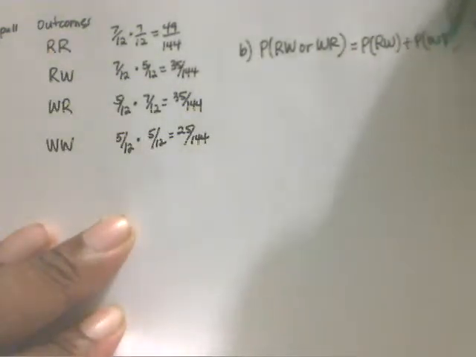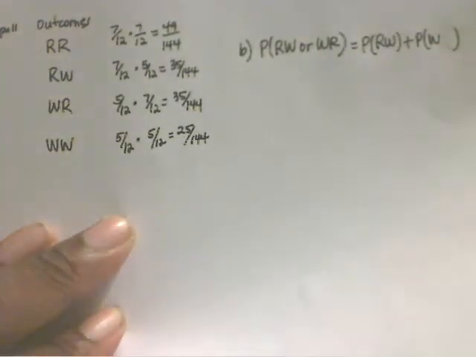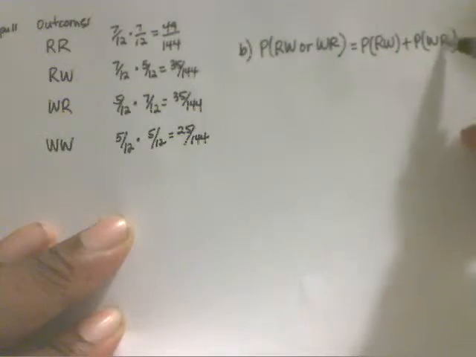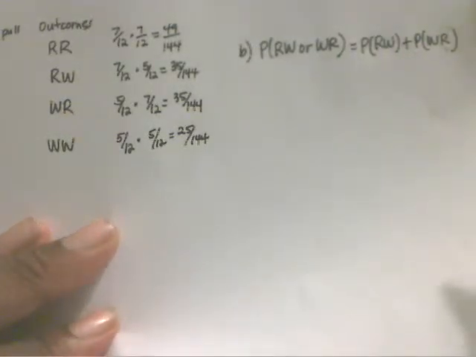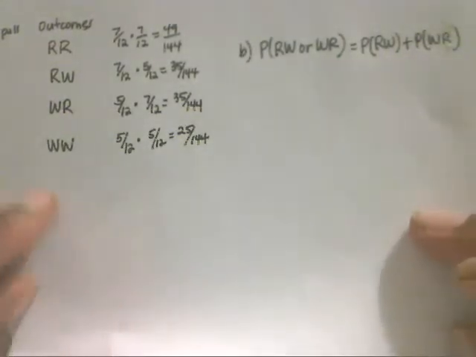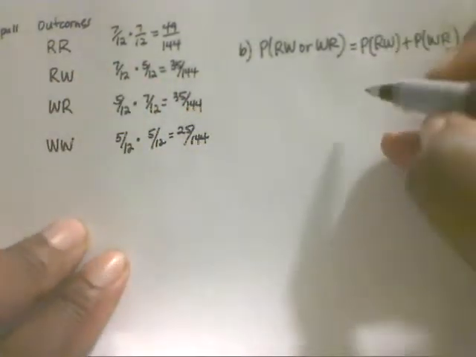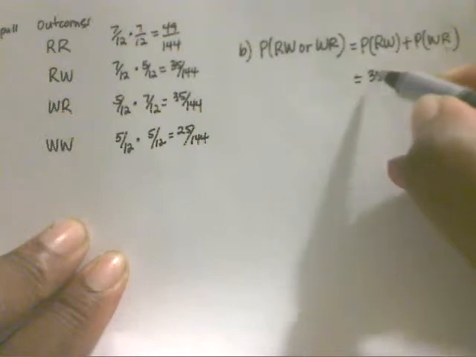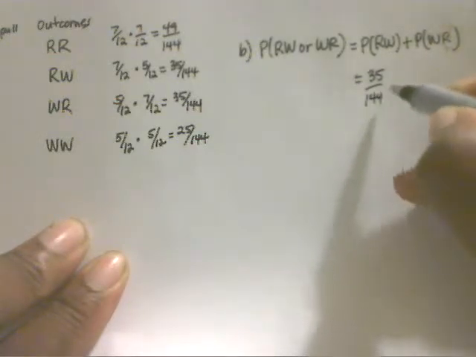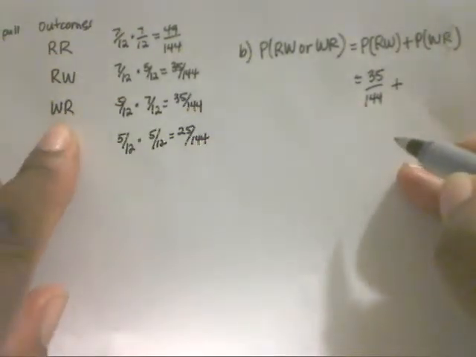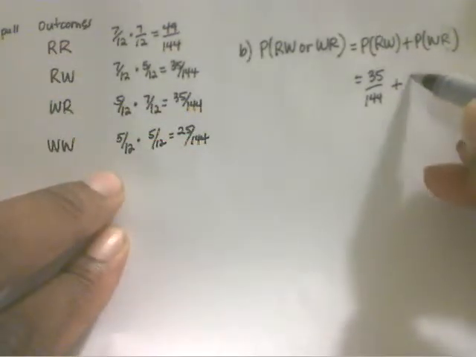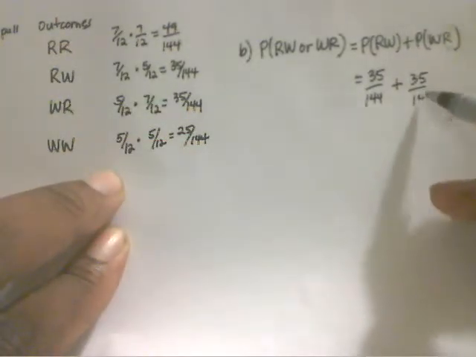The probability of selecting a red and a white, that's 35 over 144. Plus the probability of selecting a white and a red, that's also 35 over 144.